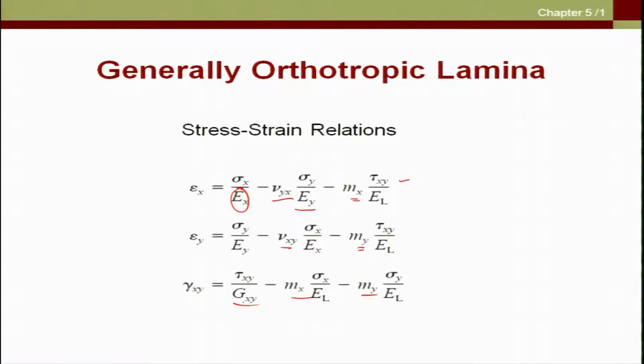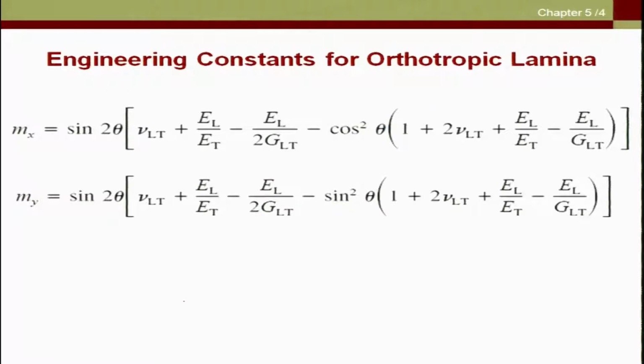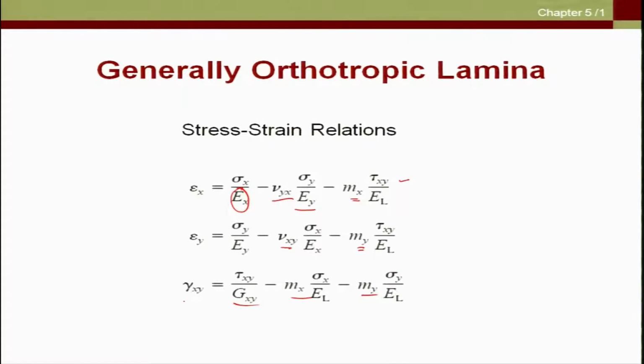And similarly, as we would expect in a special orthotropic situation, a pure shear stress will produce only shear strain, and that is exactly what we see with the third equation, that when mx and my are 0, then tau xy will only produce gamma xy. So, these observations which we made just now on mx and my are consistent with our original equations, which connect stresses and strains for a generally orthotropic lamina.